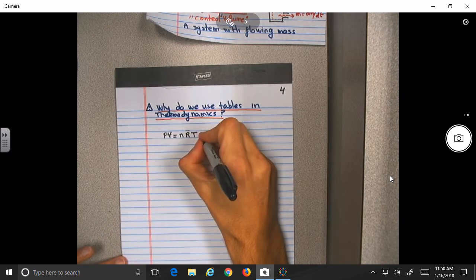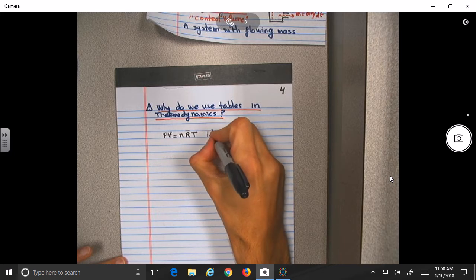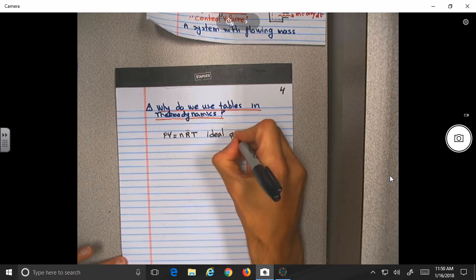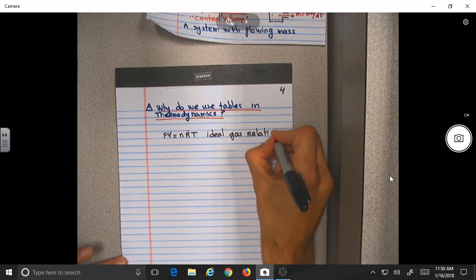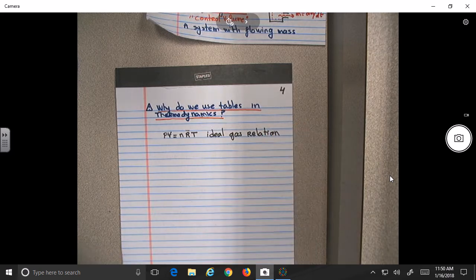So it says ideal gas relation. Okay? So, all right, so what is the ideal gas relation? What information can you get from the ideal gas relation?